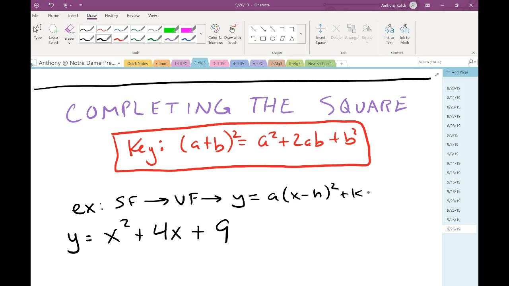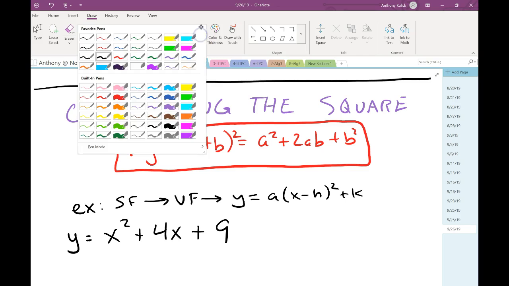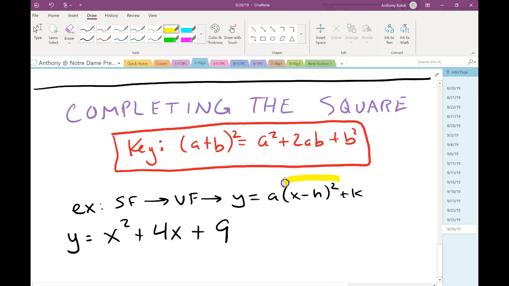That's our goal, is to turn that standard form equation into a vertex form equation. So the way we're going to get this part here is going to be using this identity up above. So you see the x minus h squared part. We're going to use that identity above to do that factoring, basically, is what we're doing now.